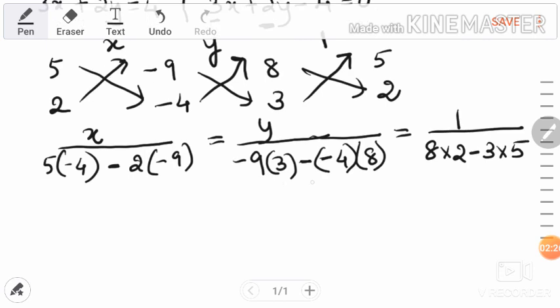So we have got our equations to find out the values of x and y.